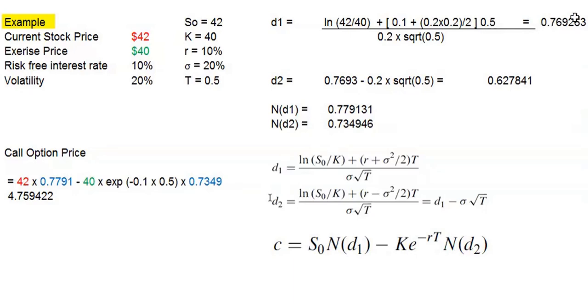Now we need to calculate the cumulative probability. Remember, we need to calculate ND1, which is the cumulative probability distribution related to 0.76923 and 0.62781. Now these are the values. So I have used a function called normsdist in Excel. Now in an exam setting, you could always use the tables that are given in the exam.